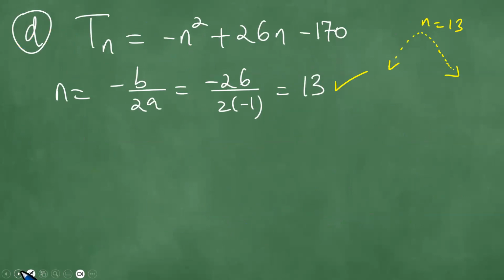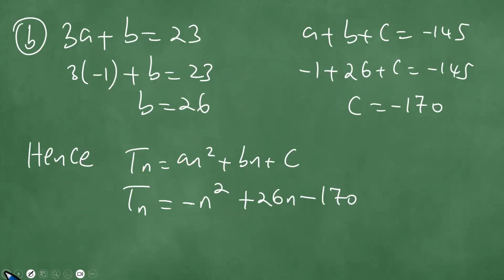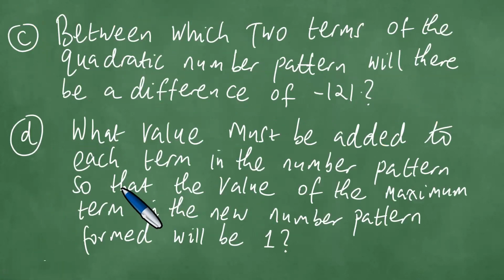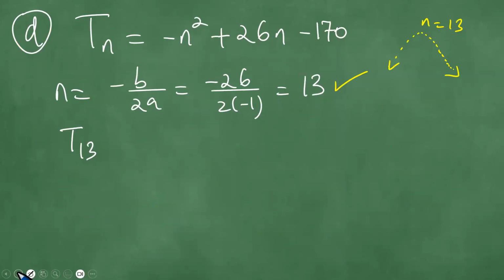The maximum is going to occur at n equals 13, and that means if you find term number 13, we're finding this because the examiner says the value of the maximum term in the new number pattern formed will be 1. So we need to find the value of the maximum term.